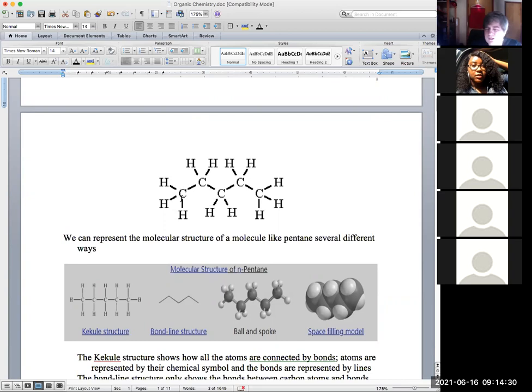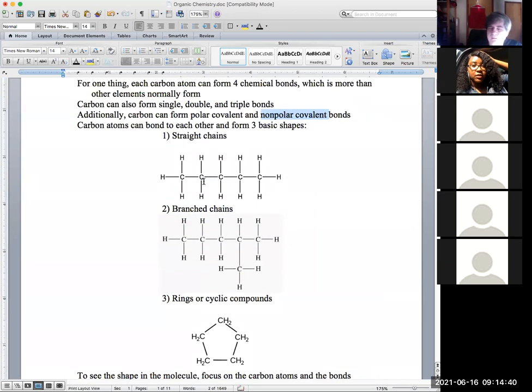So if we look at this carbon on the left end with the three hydrogens attached, this is a much more accurate representation than if we go back here and look at this carbon atom on the left, where it looks like all the hydrogen atoms are at right angles with each other. That's not really true in real life.